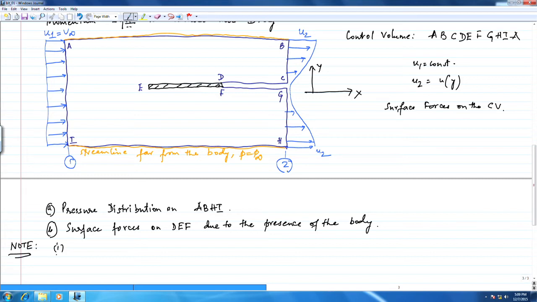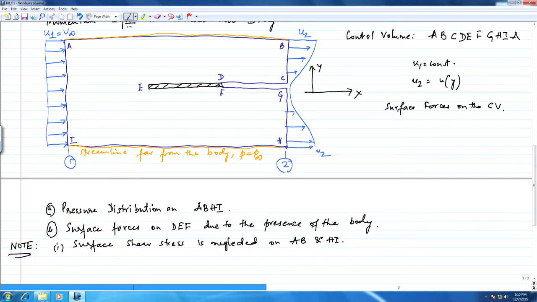Number one, the surface shear stress is neglected on AB and HI.